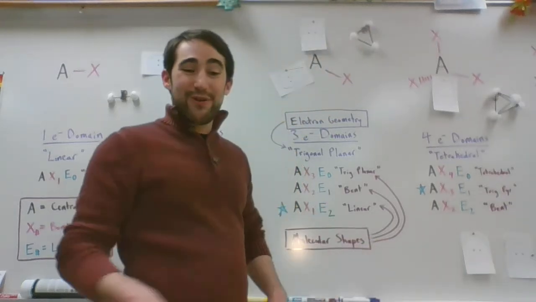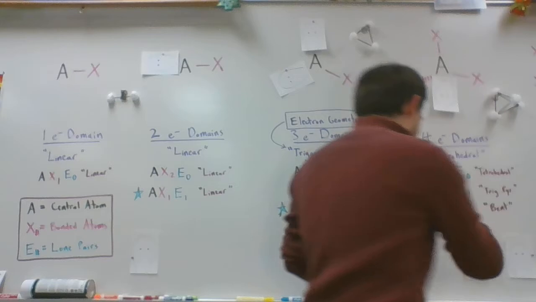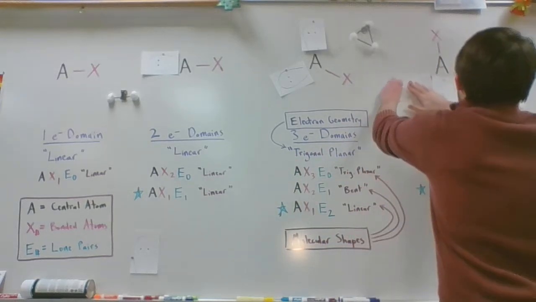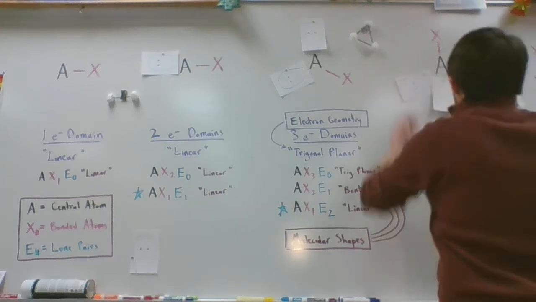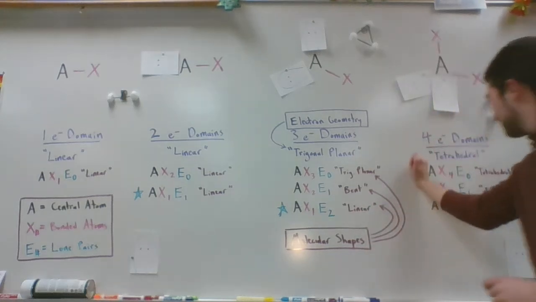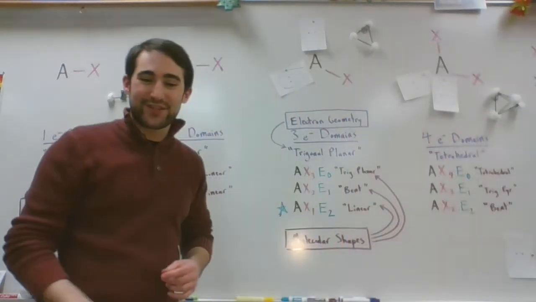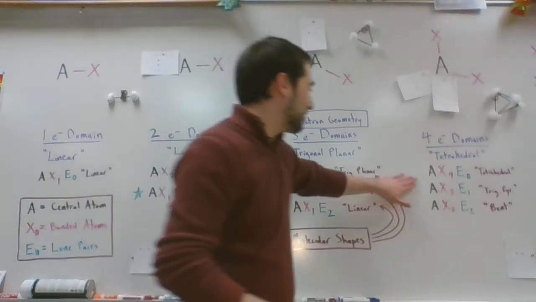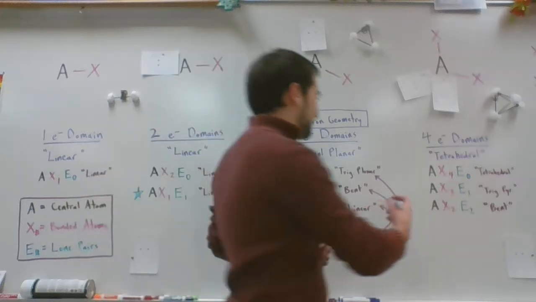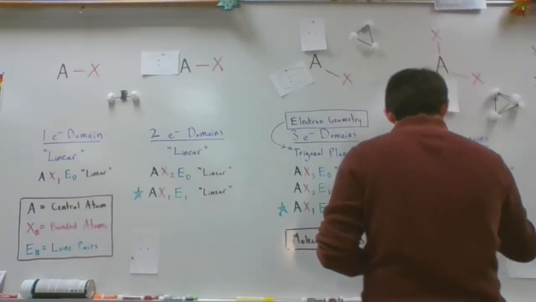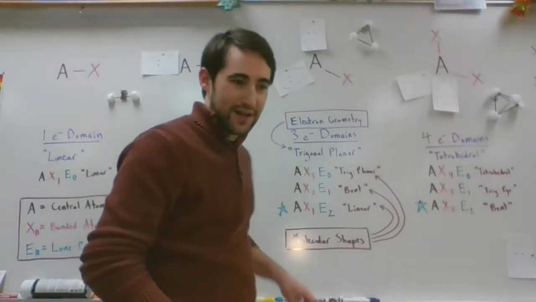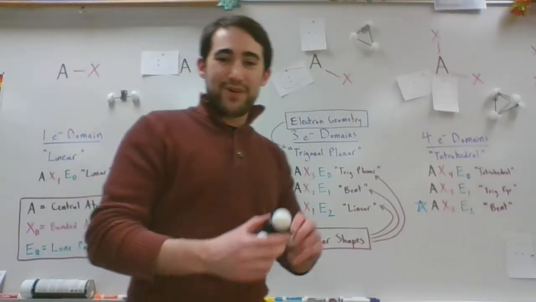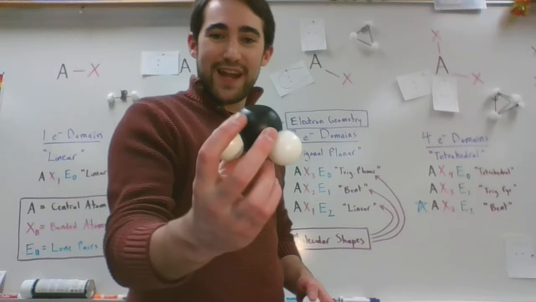What happens if you throw in another lone pair of electrons? Well, we swap out another X for an E, and we go from AX3E1 to AX2E2. Our electron geometry is still tetrahedral, but we are now down to 2 bonded atoms.